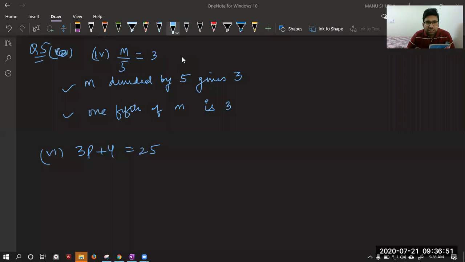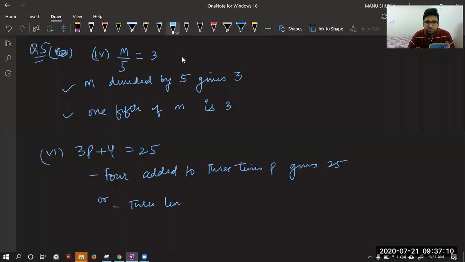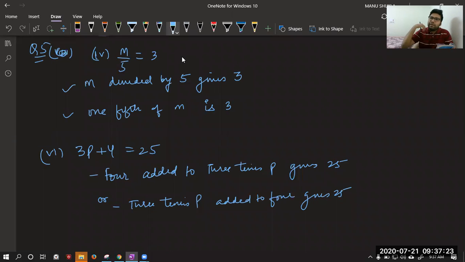It can be written as 4 added to 3 times p gives 25, or you can write it like this: 3 times p added to 4 gives 25. There can be many ways to write this English statement.